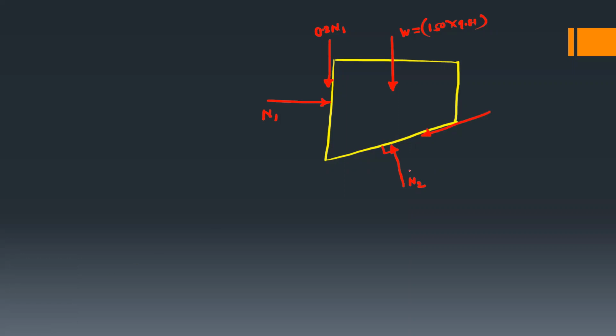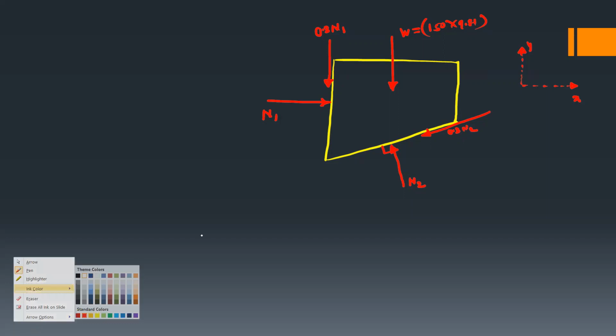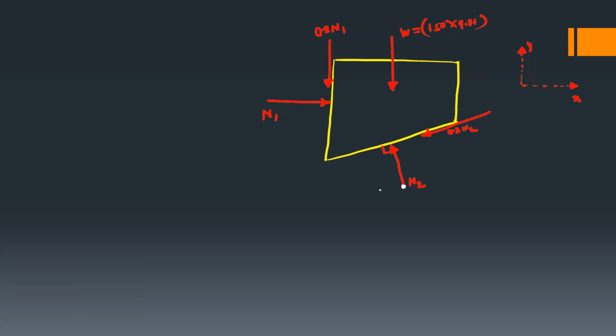We will resolve these two forces. This is our reference axis. The remaining forces are exactly along this x and y direction, but these two forces, this is 0.3 N2 and N2, we have to resolve. So I will select N2, draw one vector parallel to the x axis and a second vector parallel to the y axis.